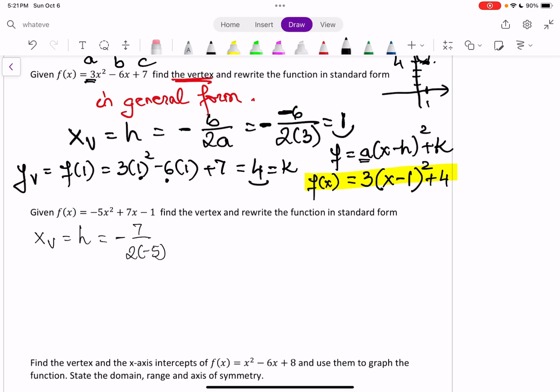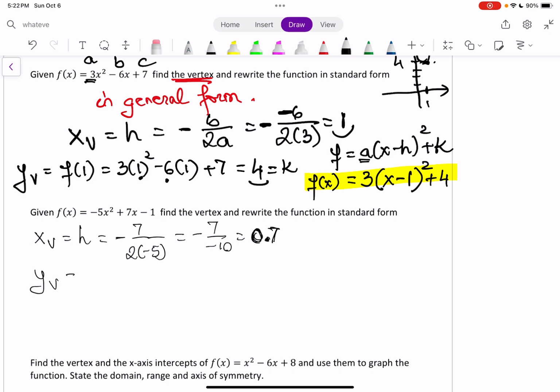A is negative 5. So I'm just going to say 0.7. Or you can write 7/10, no problem. Or you can write 0.7, so use a fraction, use a decimal, it doesn't matter.